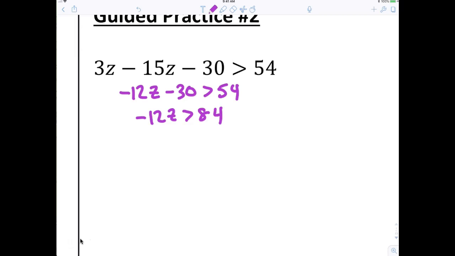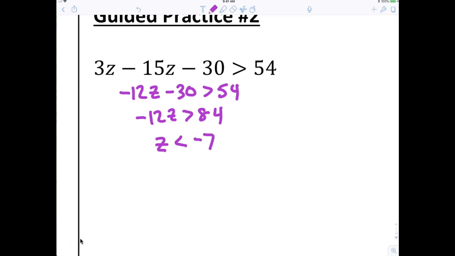So I'm dividing by -12. So the variable becomes, instead of being negative, a positive. When it's greater than, it now becomes less than. And when it's positive 84, now it becomes -7.